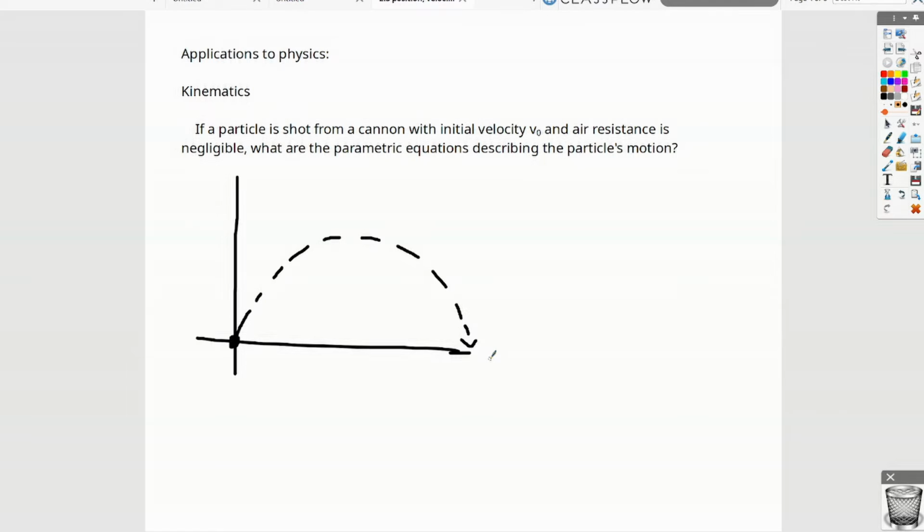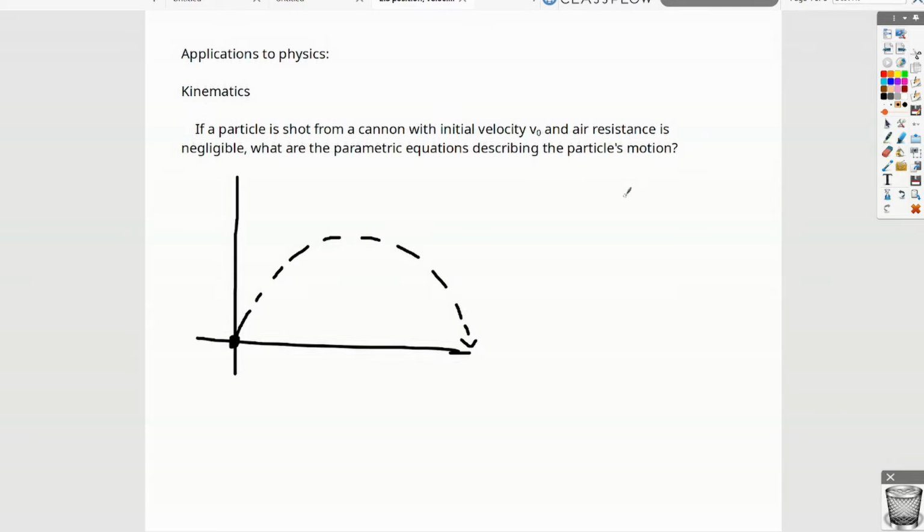Not the x direction. The x position of the particle will change. But the acceleration shouldn't change at all because there's no force. There's nothing trying to make it go faster. As opposed to that, there's something that we experience every day on Earth that does have an effect on the particle's y direction, and that's gravity.